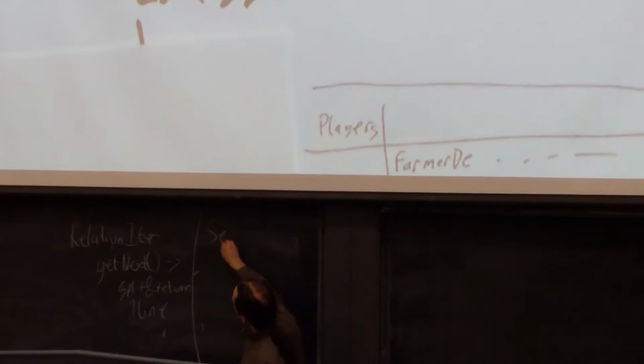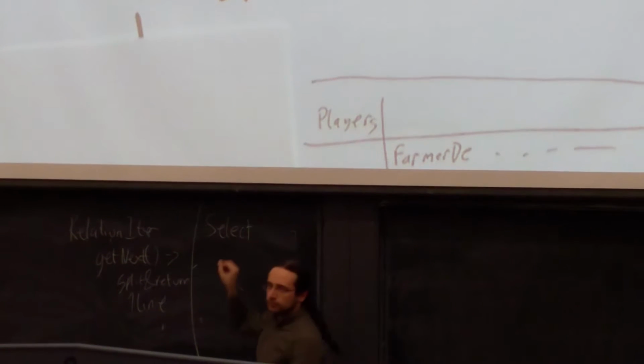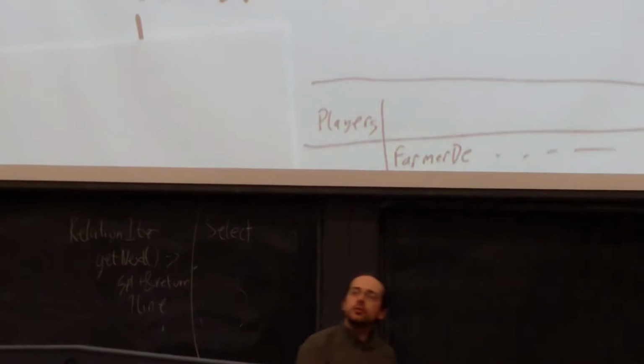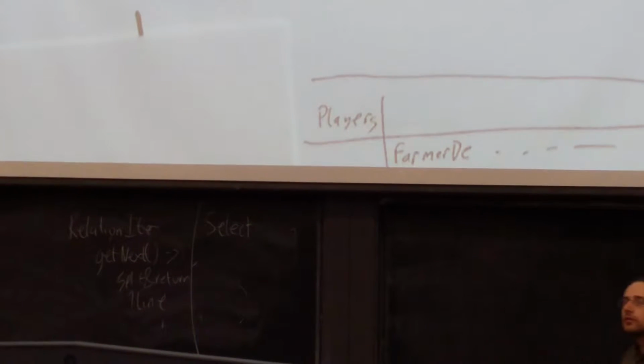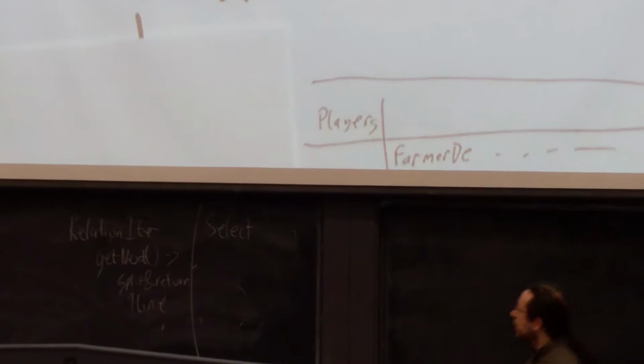How can we define something similar for selection? Or what would selection need to do? Yeah? getNext, compare and decide whether to return or not.